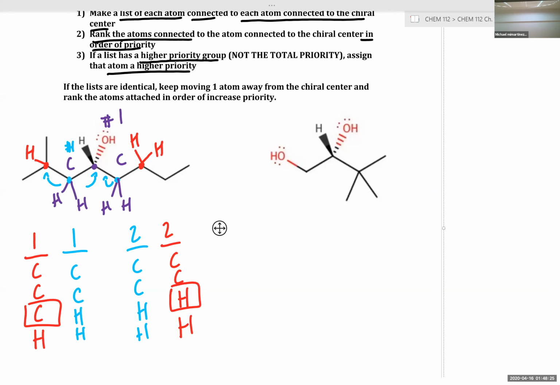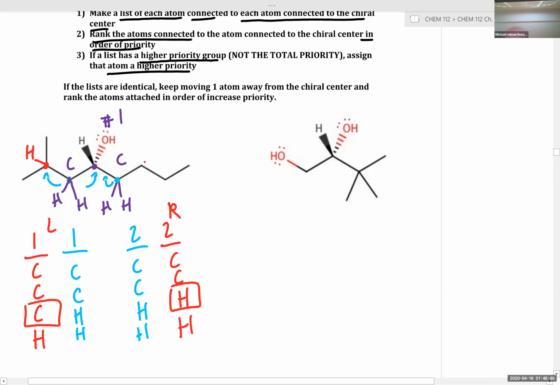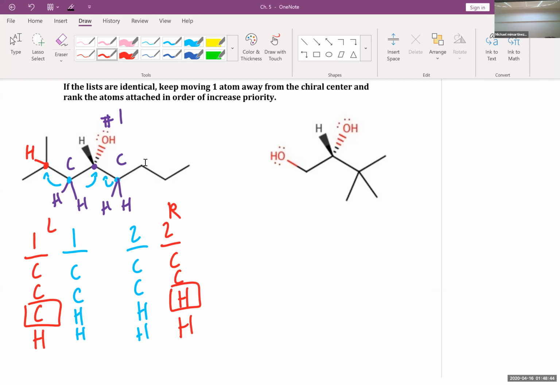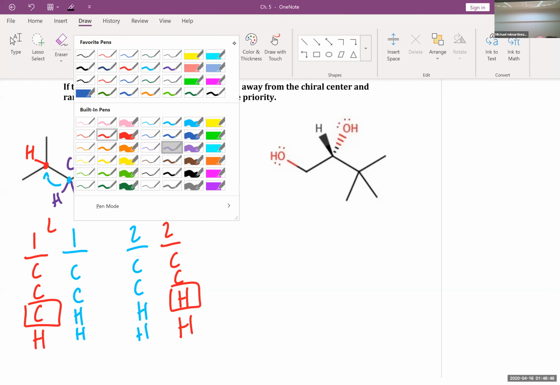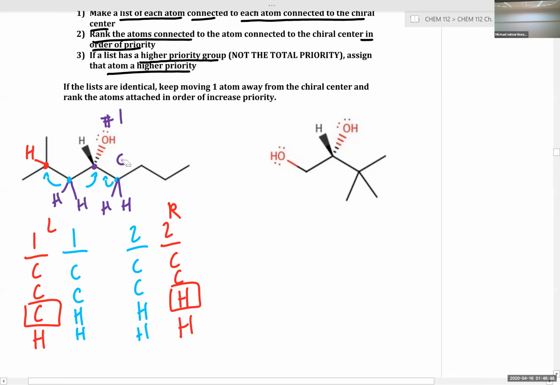Yes. So which carbon wins out in terms of priority, the carbon on the left or the carbon on the right? Left, exactly right. So we assign the carbon on the left as number 2, the carbon on the right as carbon 3, and the hydrogen gets a 4.